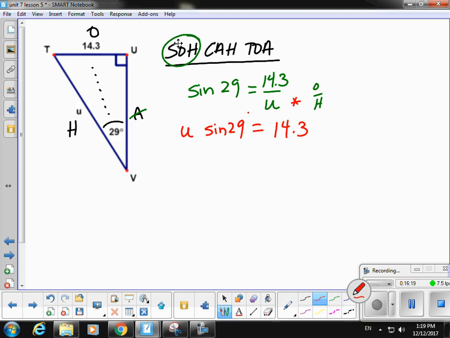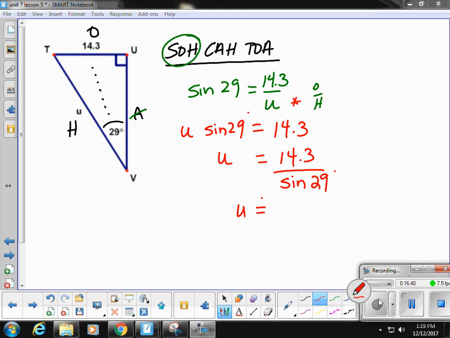My next line will be to get rid of that times sine 29, and I will be left with just u. Dividing by sine 29 will leave me with 14.3 divide by sine 29, and I will type that into my calculator. Please try it as well. An answer of 29.5.